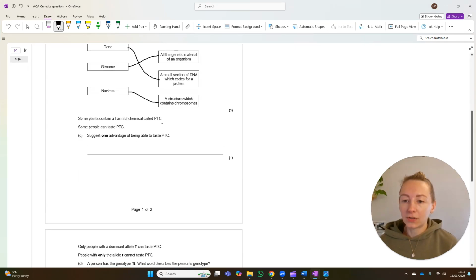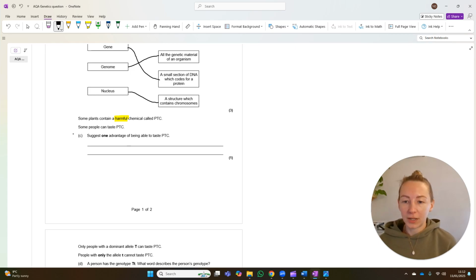So some plants contain a harmful chemical called PTC. Some people can taste PTC. Suggest one advantage of being able to taste it. Well, the clue here is that it is harmful, and obviously you don't want to ingest that and be poisoned, for example. So it would be good if you can taste it, because that will prevent you from eating it.